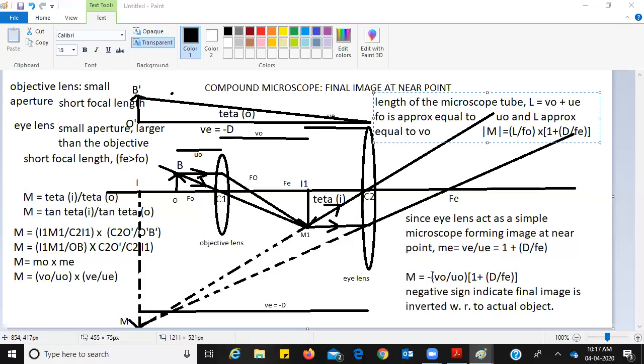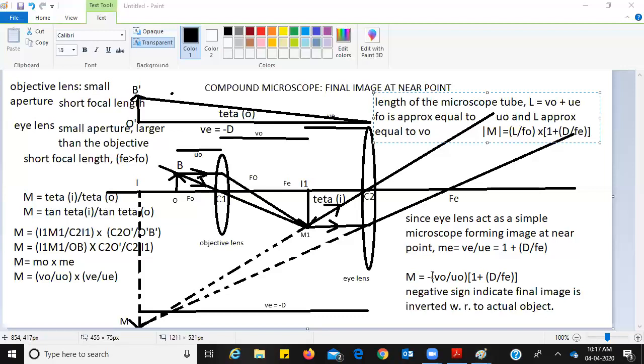So can we say this is the direct substitution of what we found in the previous case, where we took VO by UO into VE by UE, and then we substitute 1 plus D by FE directly? If you don't remember at all, you can go for that, because in that case we proved it for two lenses in contact. Here the lenses are out of contact, so you can't use the same formula.